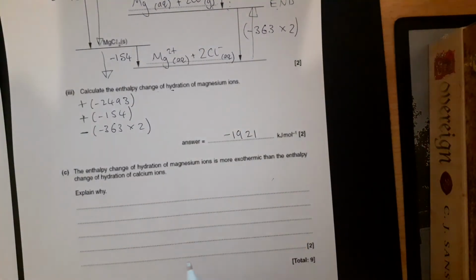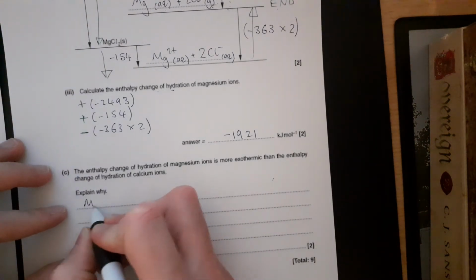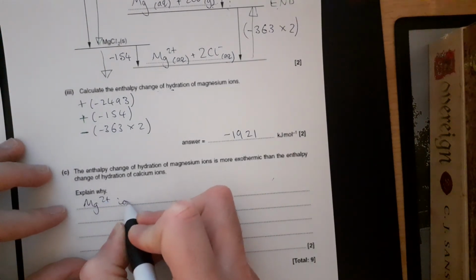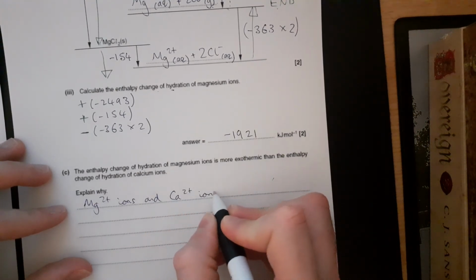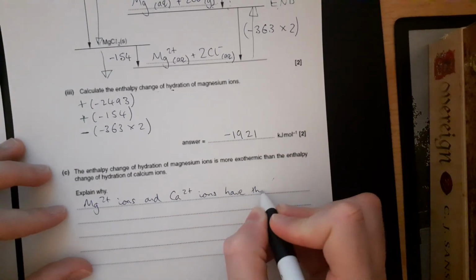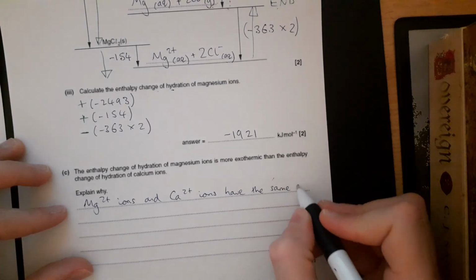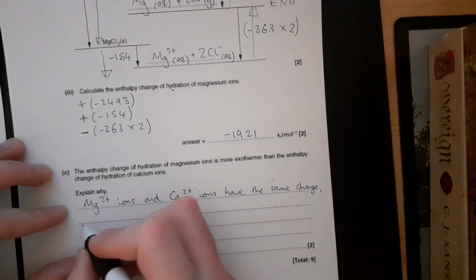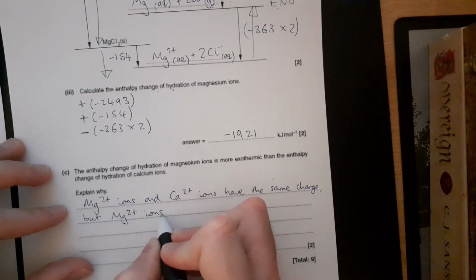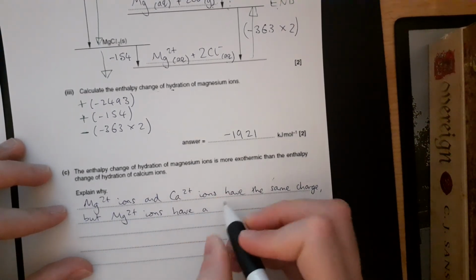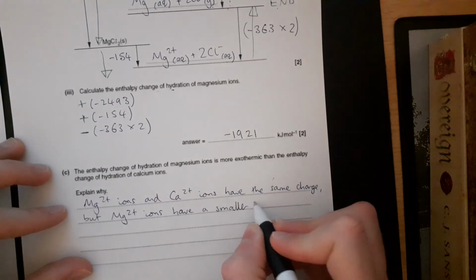So let's say magnesium ions and calcium ions have the same charge, but magnesium ions have a smaller ionic radius.